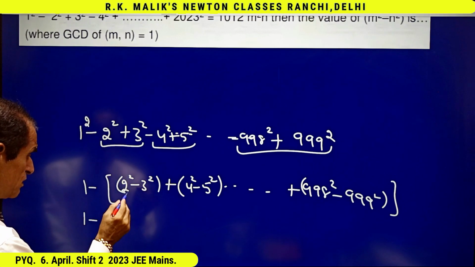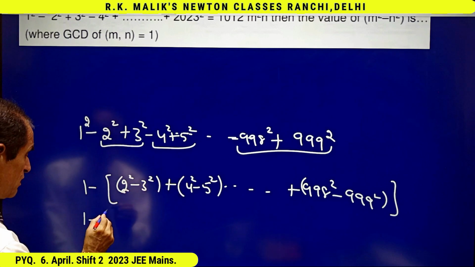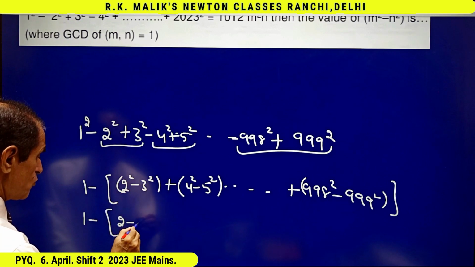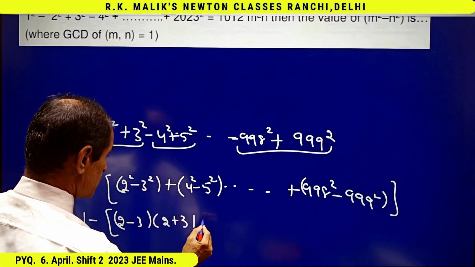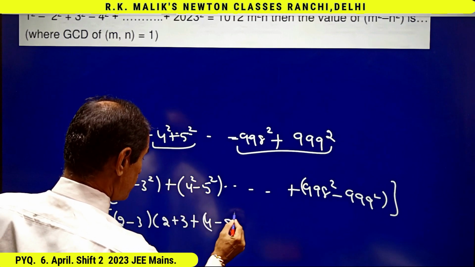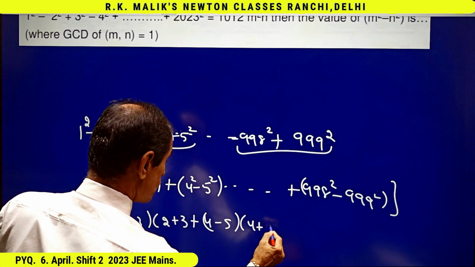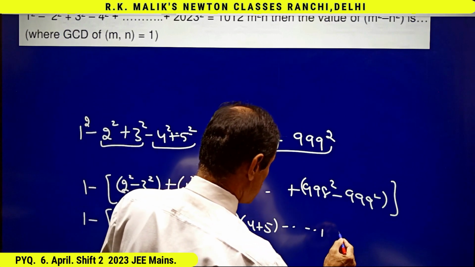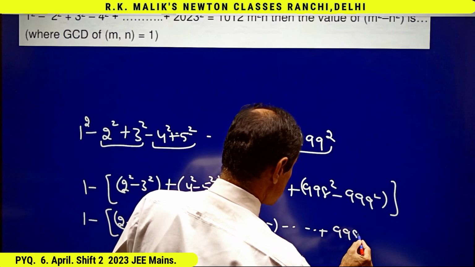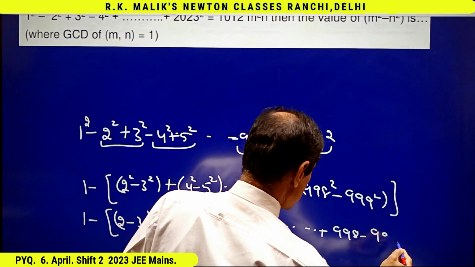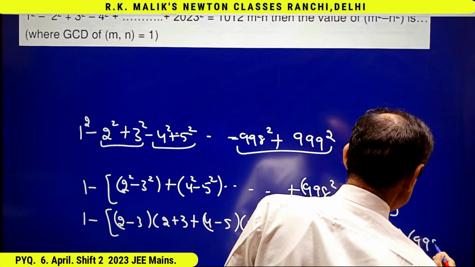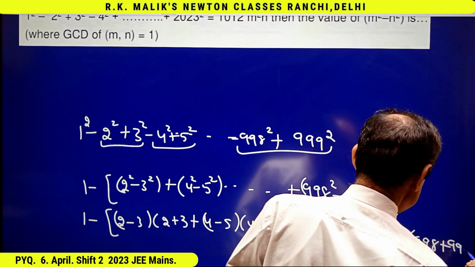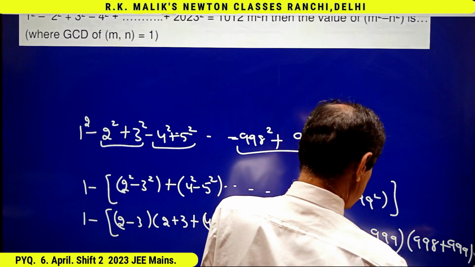Now 1 minus, now each part can be written as 2 minus 3 into 2 plus 3, plus 4 minus 5 into 4 plus 5, up to 998 minus 999 into 998 plus 999.